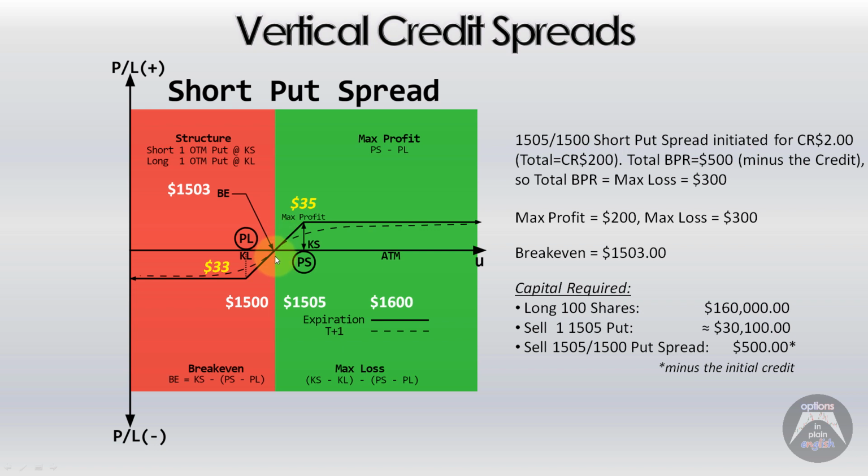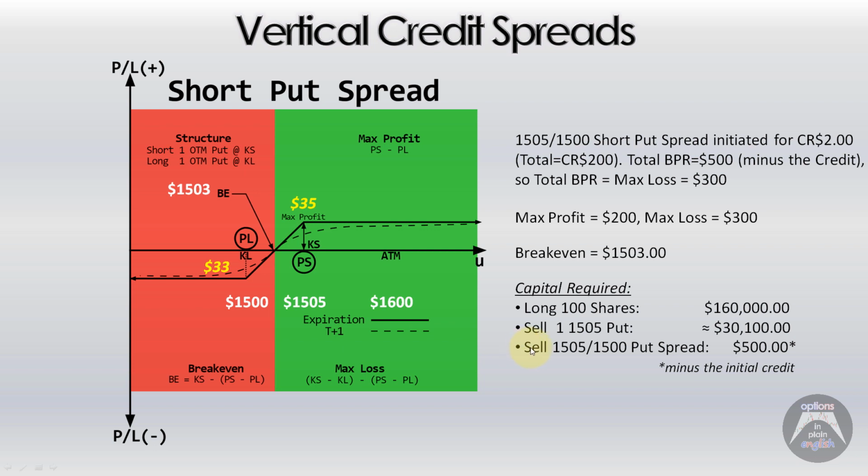Now, if you don't have the margin, or you're not approved to sell naked puts, then you can still put it on, but you're going to need a cash secured put. In that case, you're going to have to put up all the money that you need all the way to zero. So you would need basically $150,000. But here, let's even assume that you have permission to sell naked puts. You will need about $30,000.